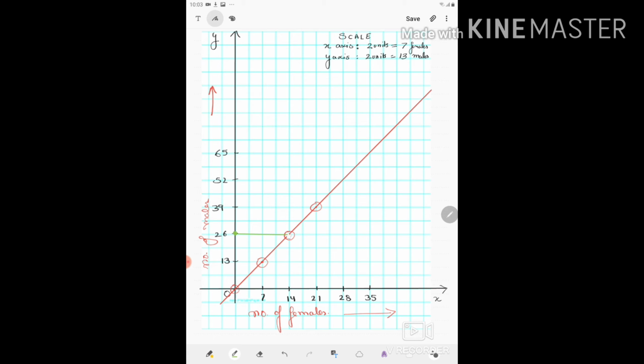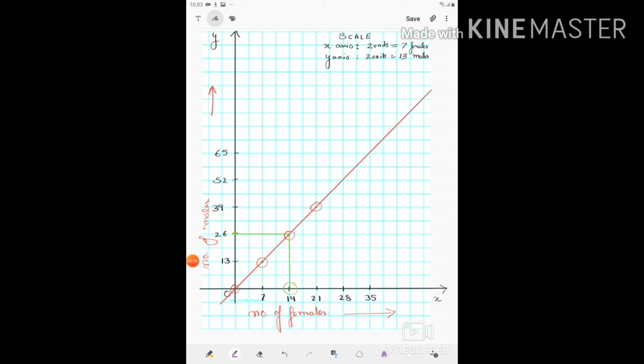Also, we will be drawing another line from this point such that it is parallel to the y-axis. After drawing this line, it is intersecting the x-axis at 14. Therefore, the number of females will be 14. So, this is our answer for the first part.